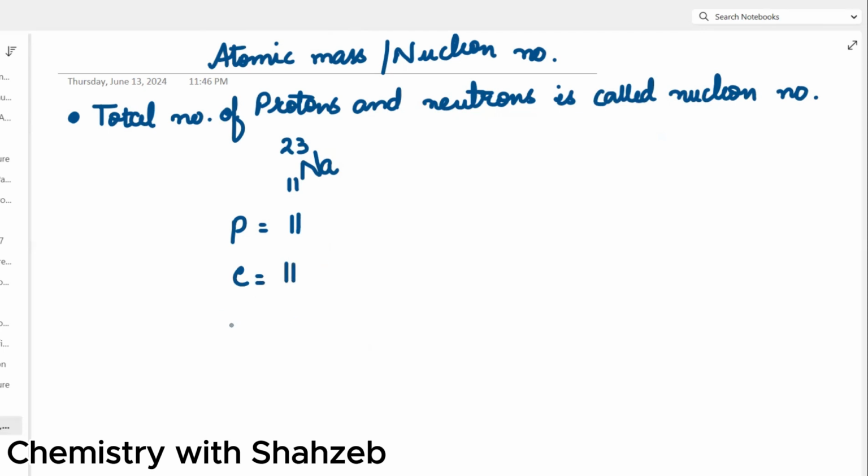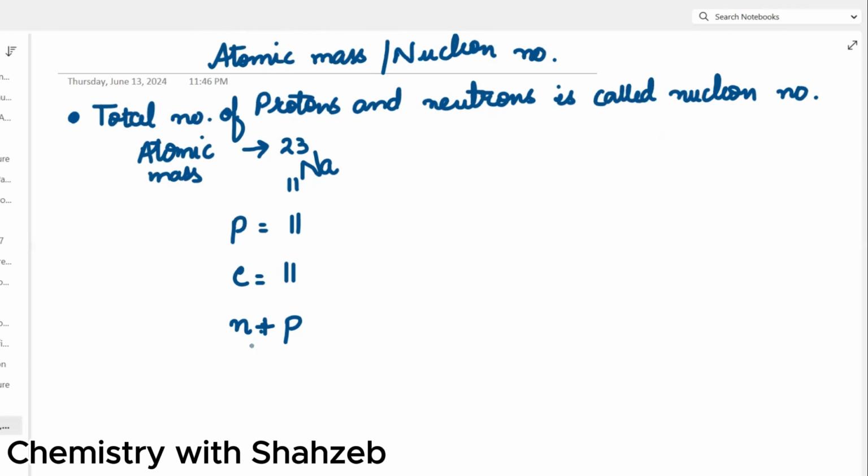Here, the number of neutrons plus protons, because we have learned that the number in greater quantity always represents atomic mass. And we have also learned that the number of protons and neutrons is equal to its atomic mass or nucleon number.